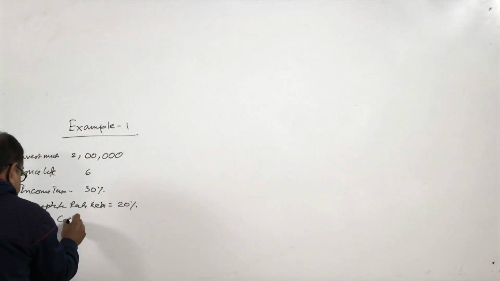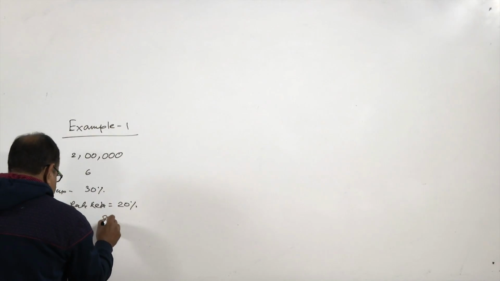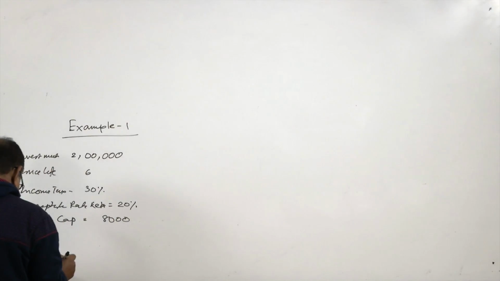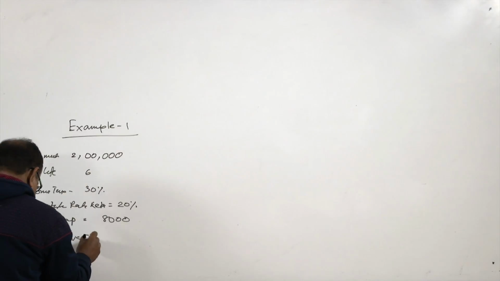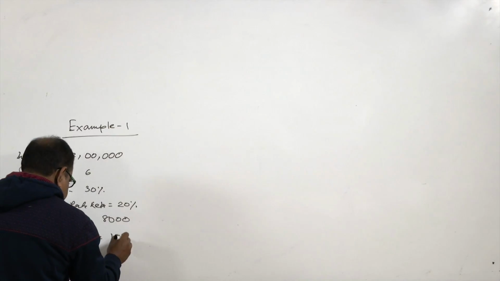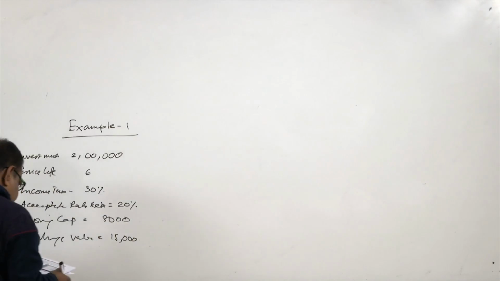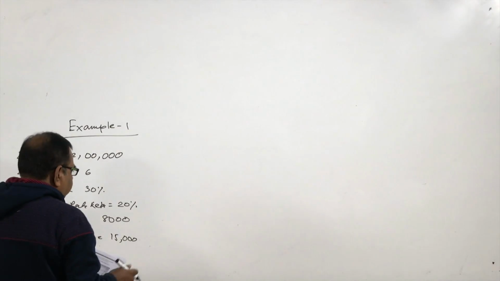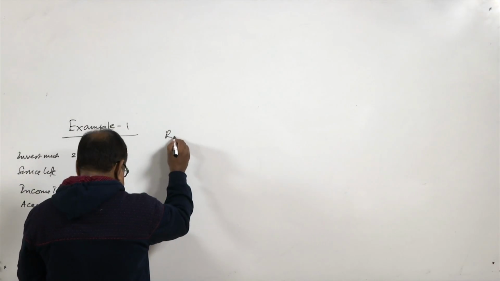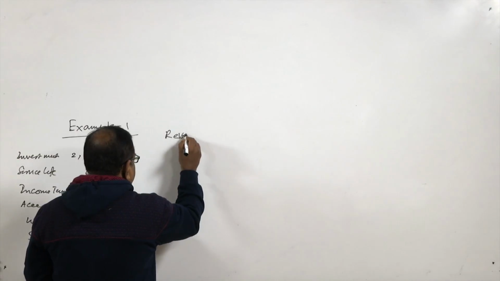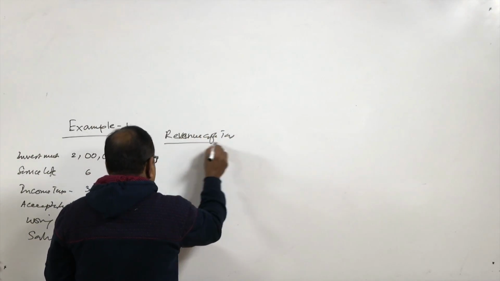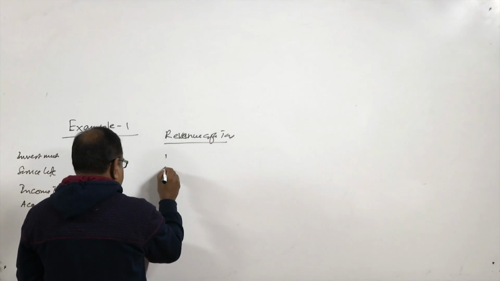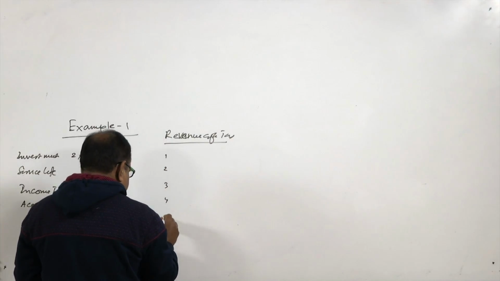Working capital is equal to 8,000. Salvage value is equal to 15,000. These are the conditions. And revenue after tax for years 1, 2, 3, 4, 5, 6 is given as follows.